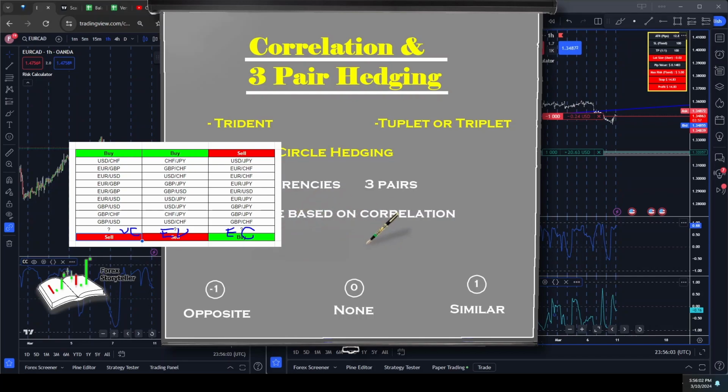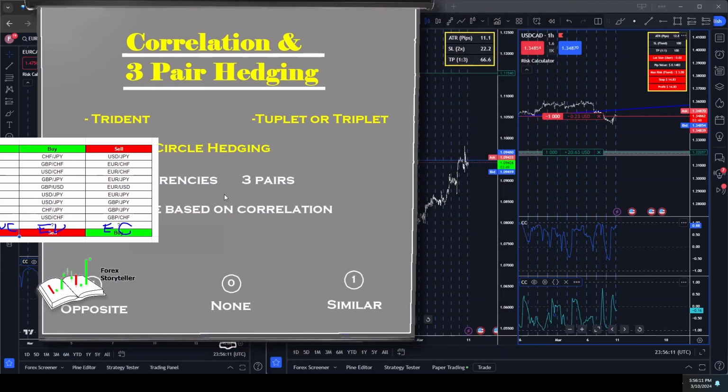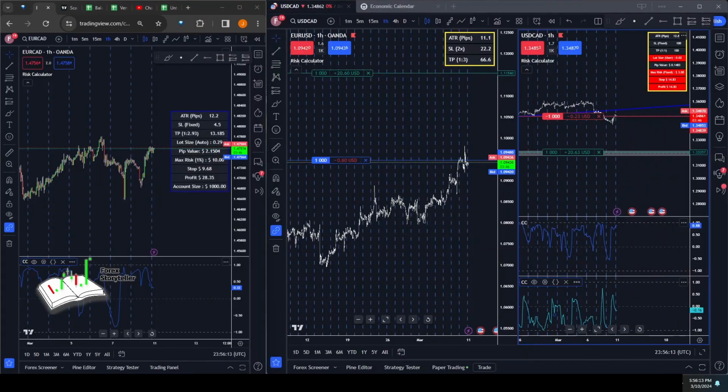So in this situation, if we were selling our USD CAD, for example, we would need to buy on the euro, which is correct, but then, or wait, if we were selling on the USD CAD, we would actually have to be selling on the euro and buying on the CAD.